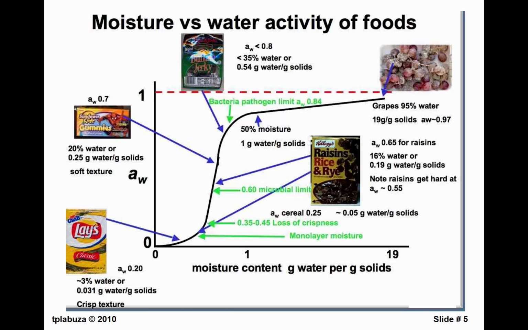And then we have products that have two domains in it, raisins and cereal, rice and rye crisps in there. What is the problem with this cereal? From what standpoint? Yeah.